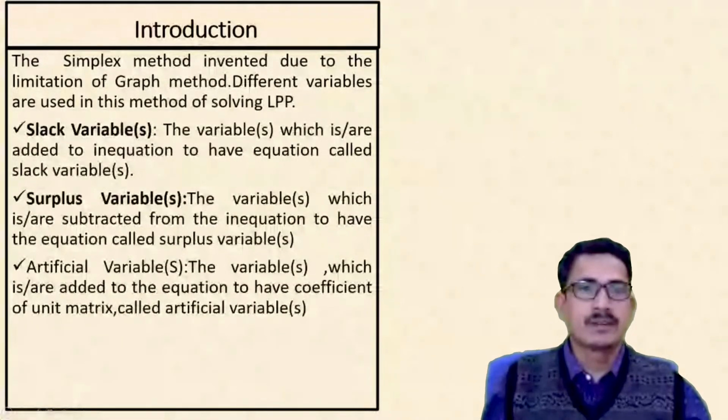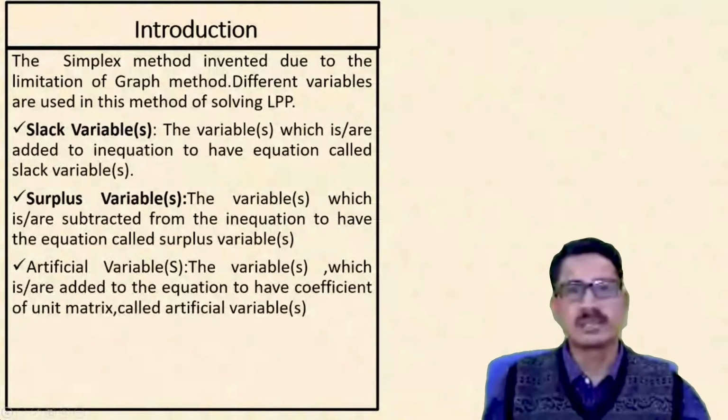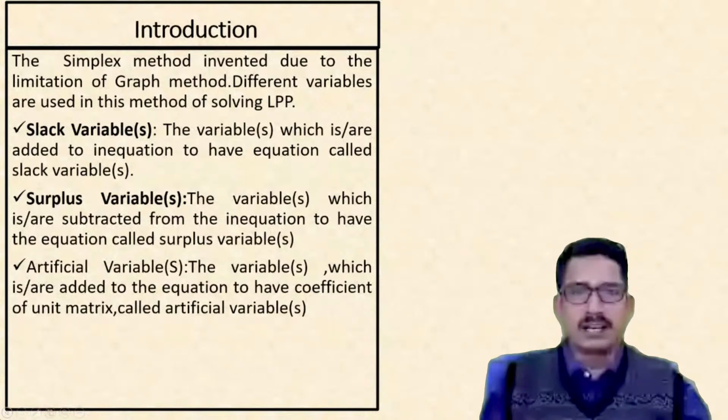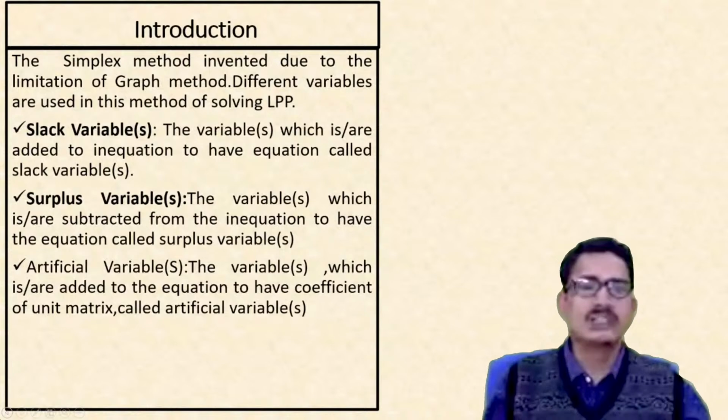Whereas the moment you get more than two variables, the coordinate axis is not used. Then you think about the simplex method, revised simplex method, and many more methods. But today we'll discuss the simplex method. In the graphical method, as I said in the last class, because you talk about inequalities, it can come either in less than or equal to form or in greater than or equal to form.